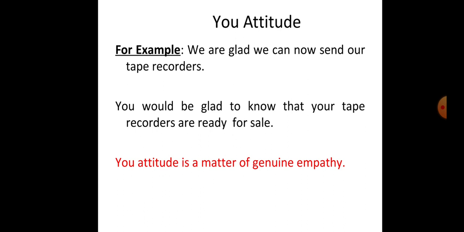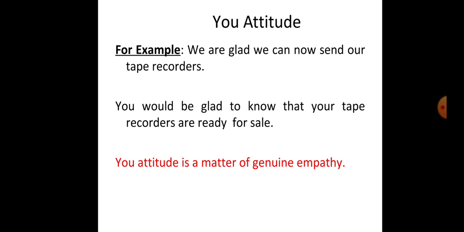For example, we are glad we can now send our tape recorder. So "we are glad" is the phrase which shows how they have maintained a you attitude. Similarly, one more example: you would be glad to know that. And we are pleased to inform you that. These are the words which show how the you attitude is maintained.